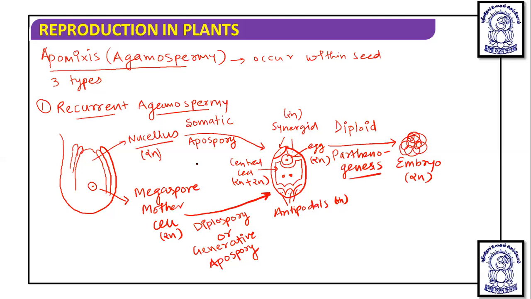These both are types of recurrent agamospermy, and this occurs without fusion of gametes, without fertilization, and in such a way a diploid embryo can be obtained. Such apomixis is observed in the case of apple. So this is recurrent agamospermy. After recurrent agamospermy, we are going to talk about another type, that is adventive embryony.